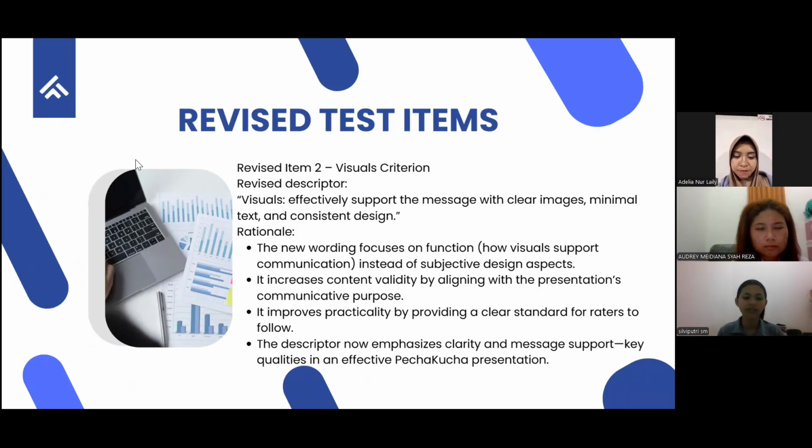Third, it improves practicality by providing a clear standard for raters to follow. And the last is that the descriptor emphasizes clarity and message support, key qualities in an effective Pechakucha presentation.